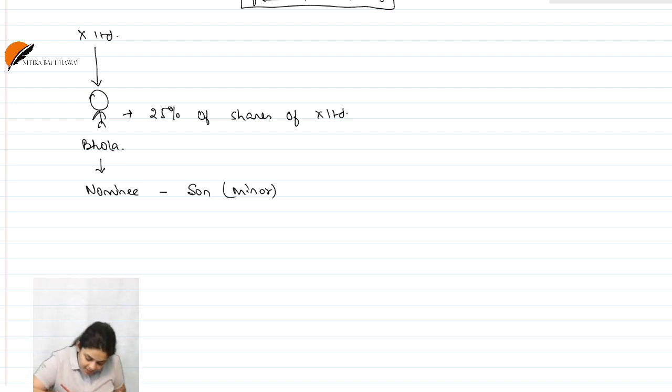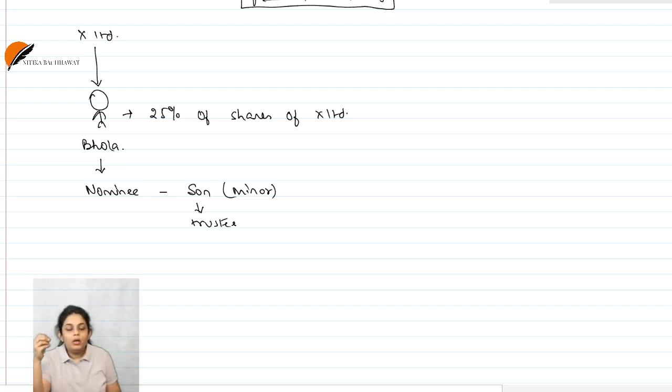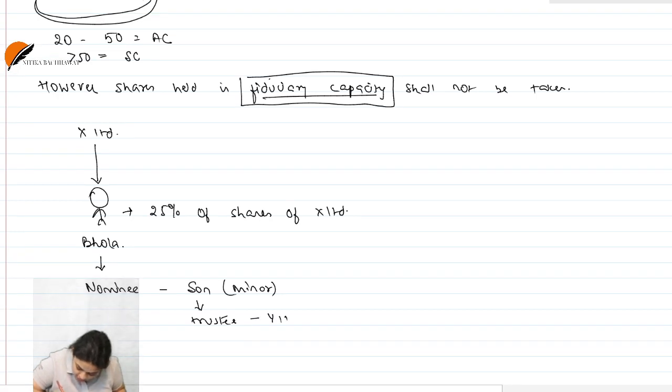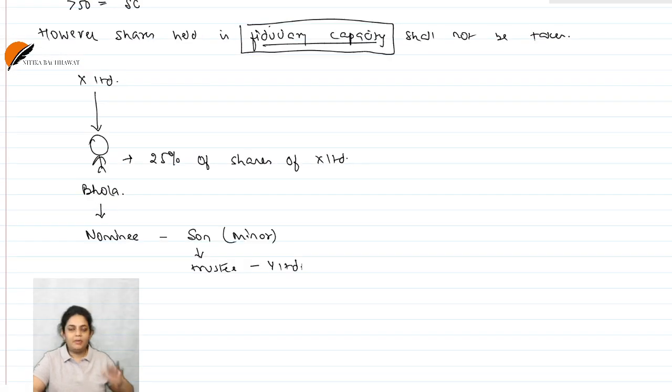But we have to name a person as a trustee for the shares. That is, tomorrow, if the nominee is still a minor and the member is dead, then someone has to take care of these shares. So this trustee has to be appointed, who will take care of the shares if the person dies. So they appointed a trustee, and the trustee was what? Y Limited. Can a company be a trustee?